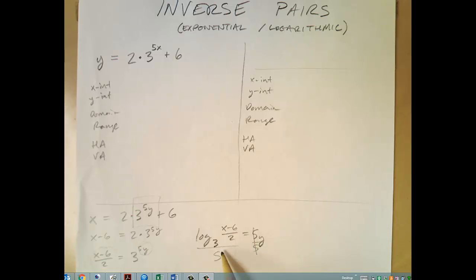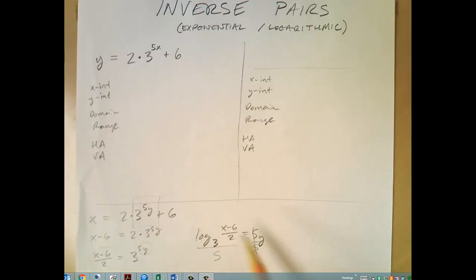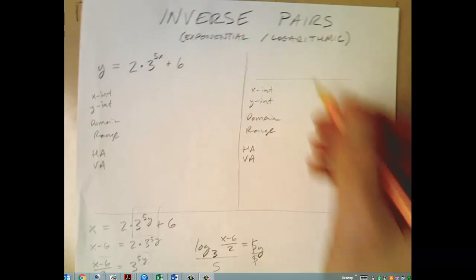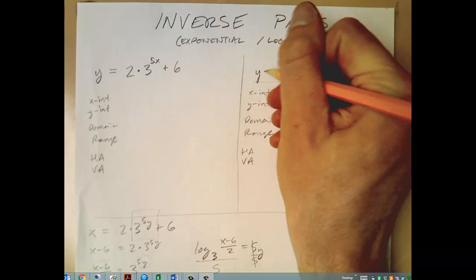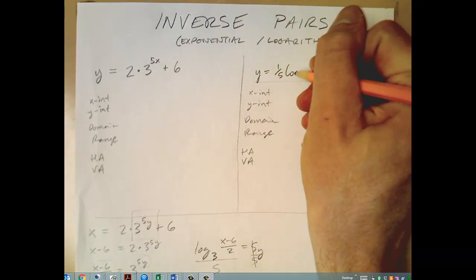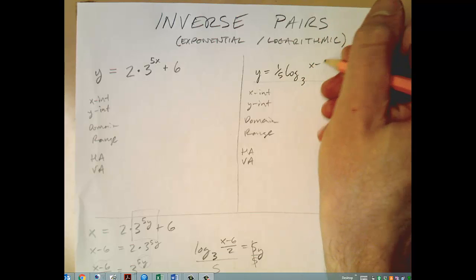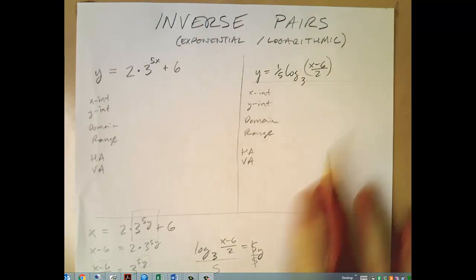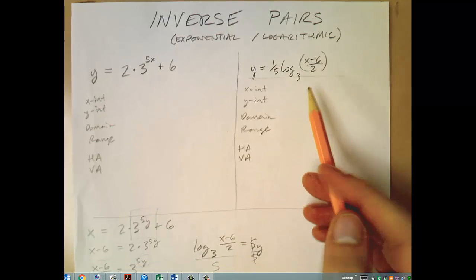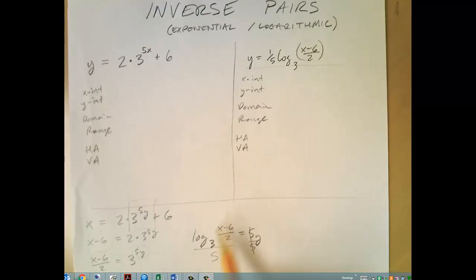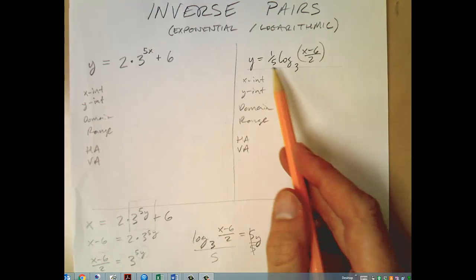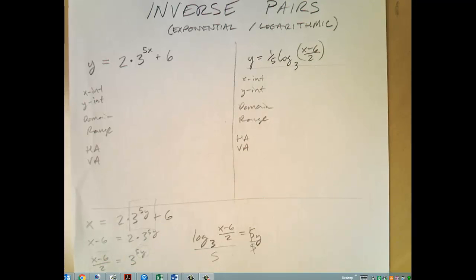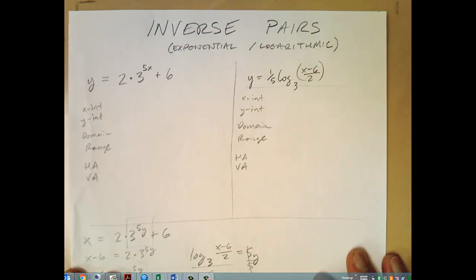And dividing by 5 is the same thing as putting a 1/5 there. So I'll write it up here. So we'll say y equals 1/5 log base 3 of this. Okay? I just noted that multiplying by a fifth is the same as dividing by 5, so that allows me to keep it on one nice line. But other than that, there's no difference in writing it in the two different ways.